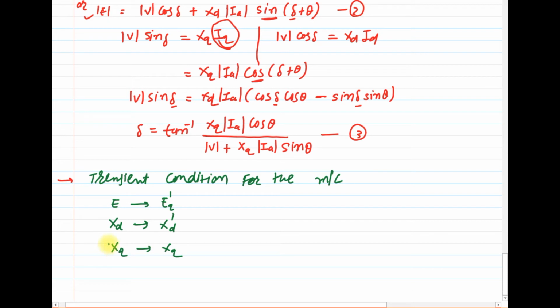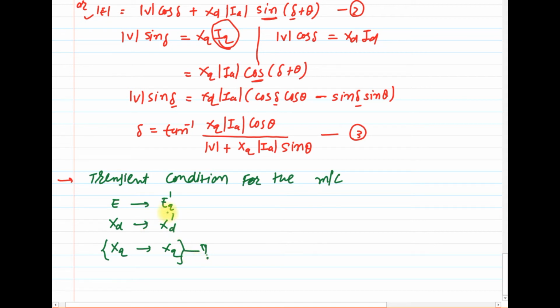So one more question for the homework: why will the value of XQ remain as it is under both conditions, that means under the normal operating or steady state condition and under the transient condition? You need to find that out by yourself. If you are not able to find out, I will explain.